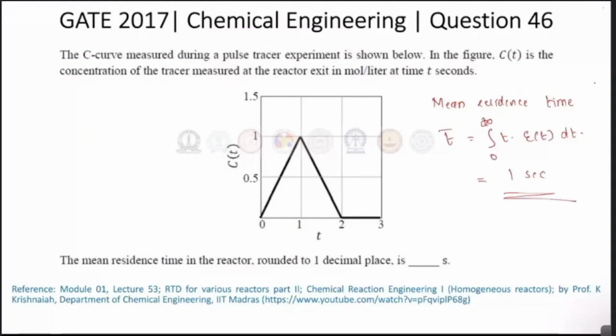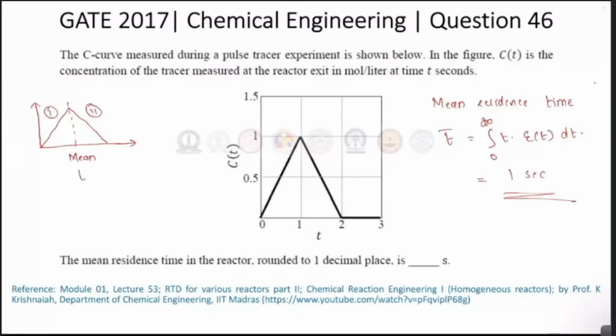A shortcut for this can be, because this residence time distribution has an identical geometry like this, we can say that the point at which both part 1 and part 2 become identical, which is the halfway point of this triangle, will be our mean residence time t bar.